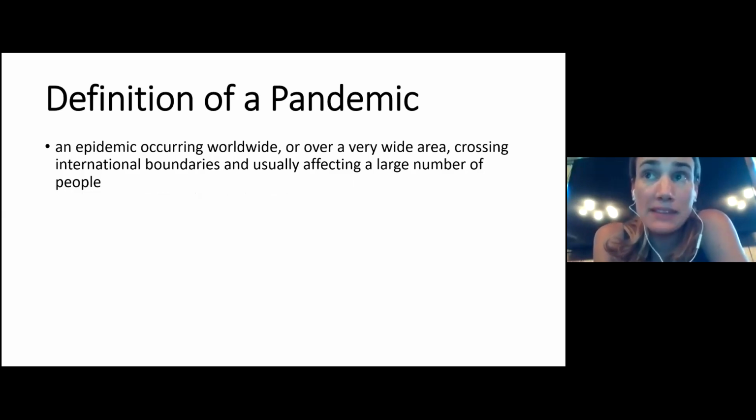So the definition of a pandemic. This is the classical definition here: an epidemic occurring worldwide or over a very wide area, crossing international boundaries and affecting large numbers of people. Okay, so that's the classical definition of a pandemic.